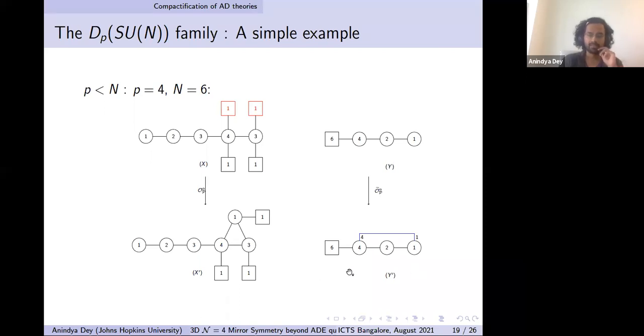So you see it's a linear quiver with unitary gauge groups decorated by this extra hypermultiplet, which has charge 4 under this U4 and charge 1 under this U1. So this is a simple example where you explicitly know the Lagrangian.